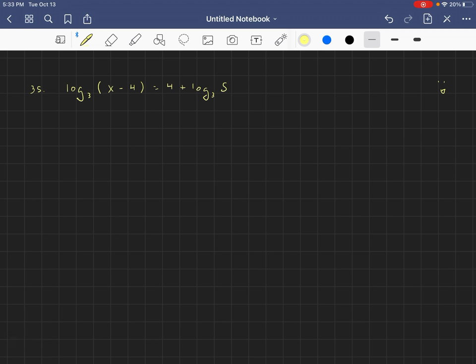And here we have the same basic thing, we have 2 logs on different sides. I'm going to combine, get those on the same side. Minus sign in between. Now I'm going to go exponential.